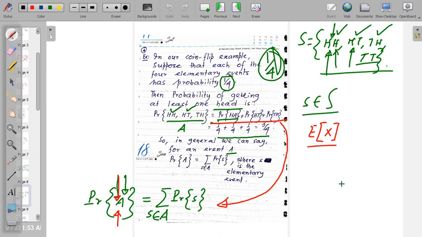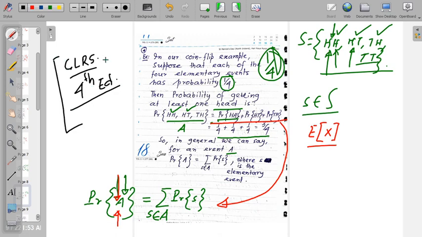By this time, one thing I have noticed: the fourth edition of CLRS is available, but it is costing a little bit more.